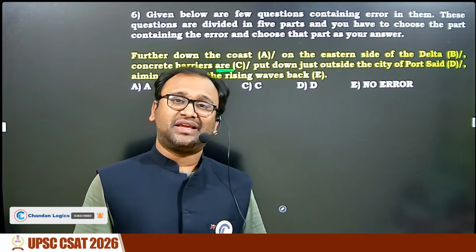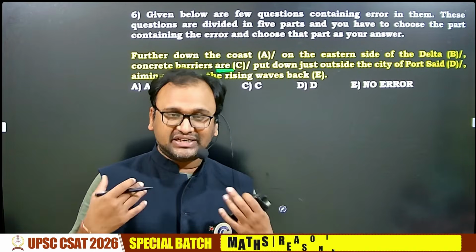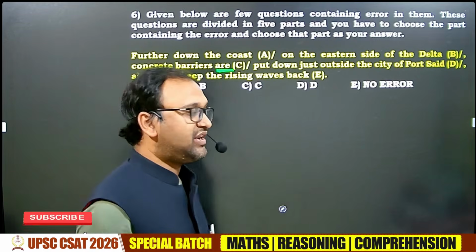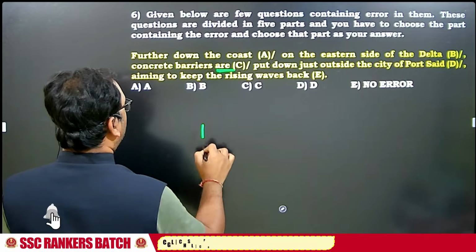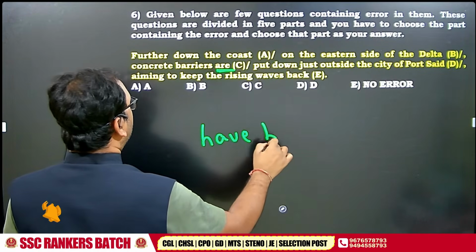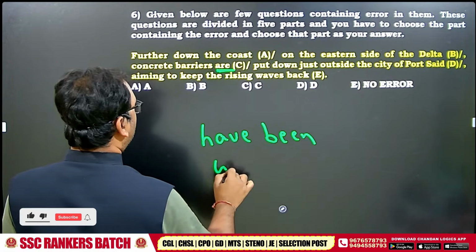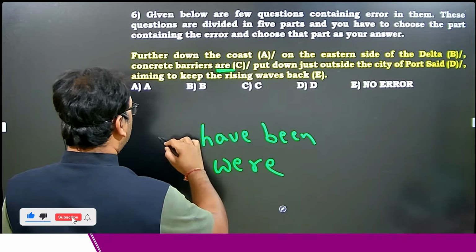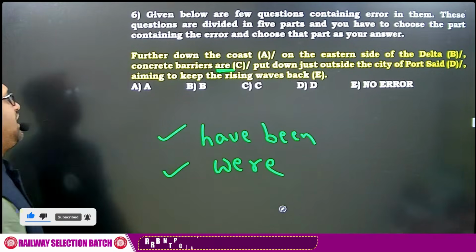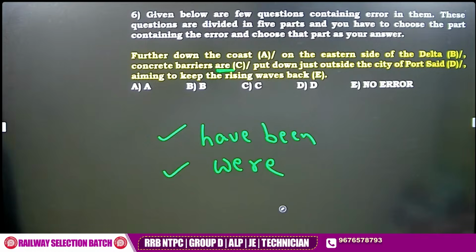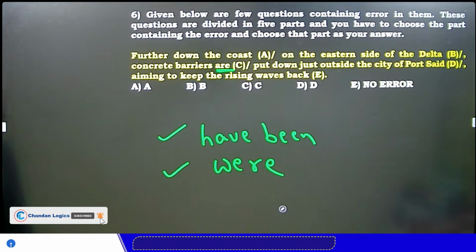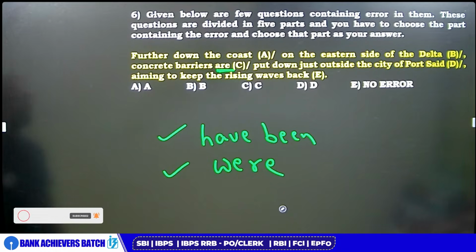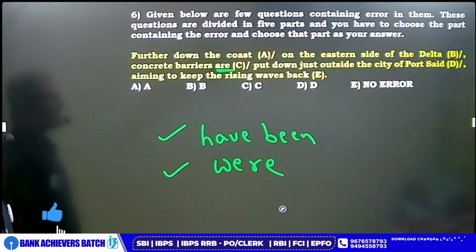This is something you're talking about, an action taken already before, very recently. So in the place of "are", you better use "have been", or you better use "were". Both are fine. Concrete barriers have been put down just outside the city, or concrete barriers were put down outside the city. It is as simple as this.